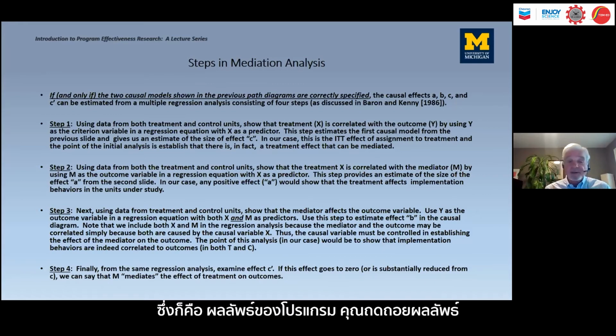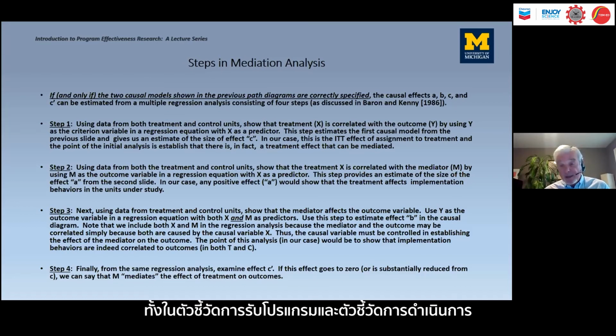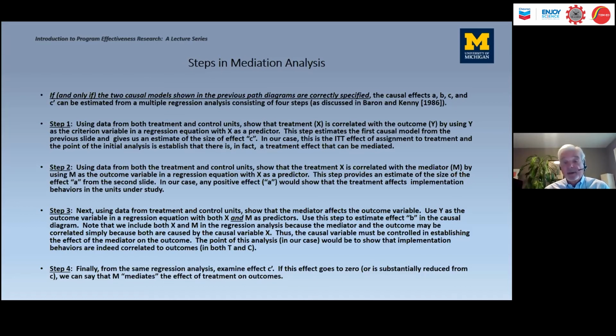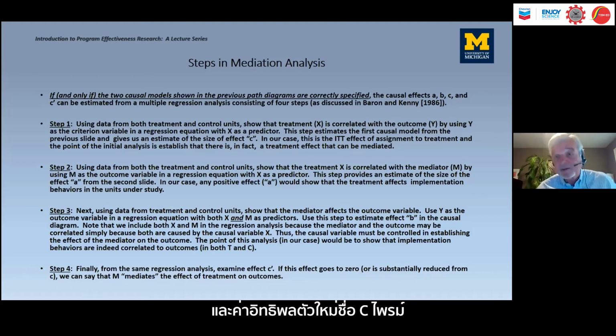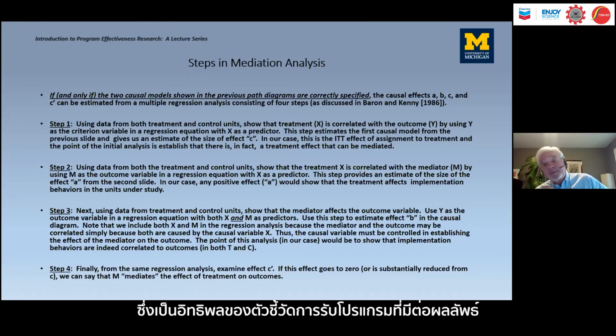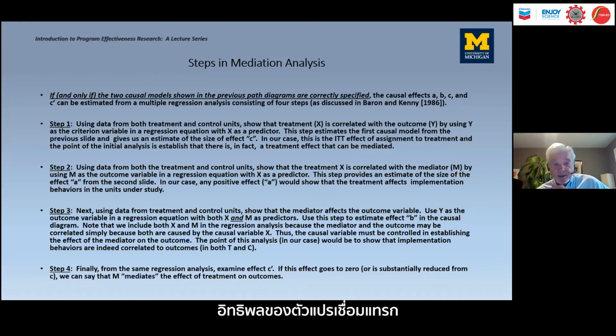You regress program outcomes on both the treatment indicator and the implementation indicators, and you get a new effect B, which is the effect of implementation, or the mediator, on the outcome, and a new effect C prime, which is the effect of the treatment indicator on the outcome net of the mediator.